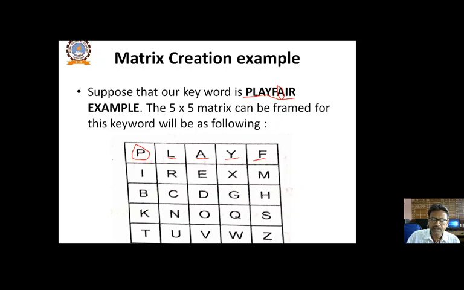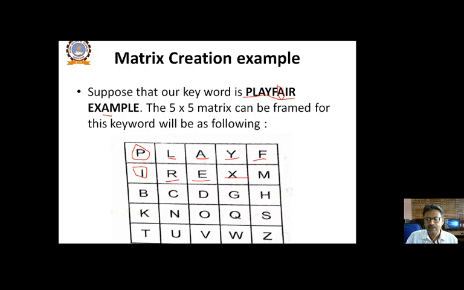Then we have I, so we write I here. Since I is written, I and J will use the same block. After I it is R, so we write R. Then we have E, then X, then again A, but this A is already used, so we leave that.